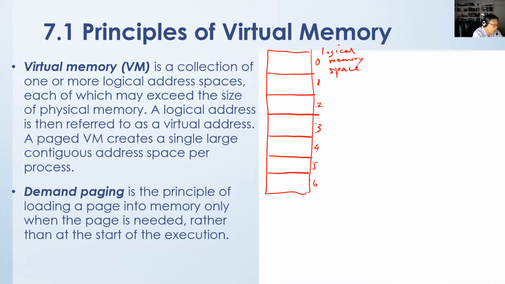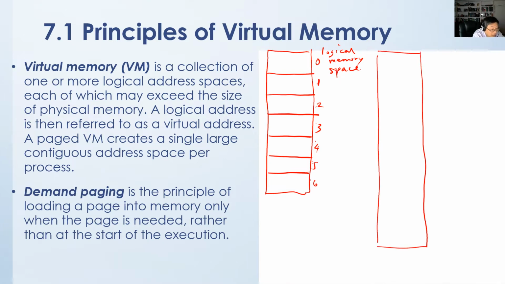Now, before we load the process into the physical memory, we need to check that the physical memory contains enough space for it, right? Using paging, the physical memory is also divided into partitions called page frames. So I have frames numbered 0, 1, 2, 3, up to n-1.